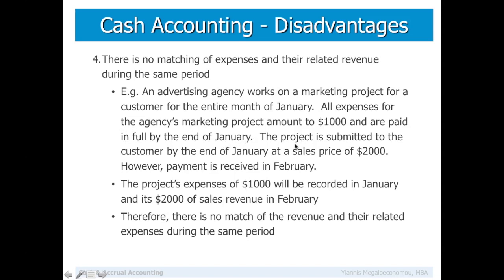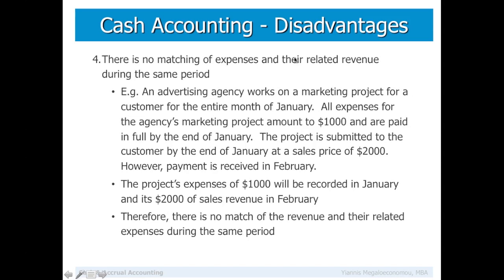The project is submitted to the customer by the end of January at a sales price of $2,000 so that the agency can make a profit. However, even though the project is delivered to the customer at the end of January, payment for this delivery of the project will be received in February.